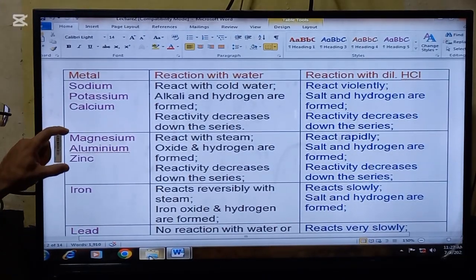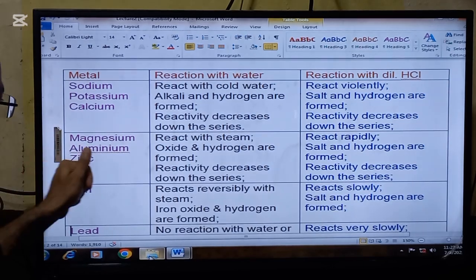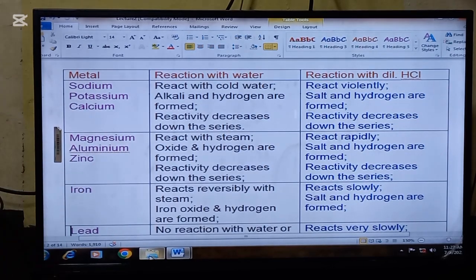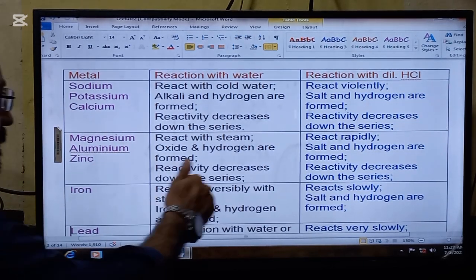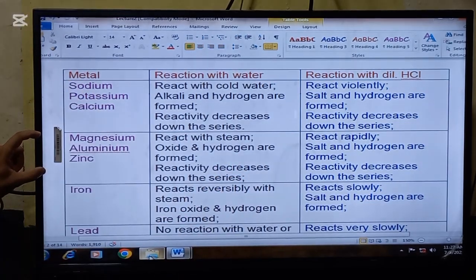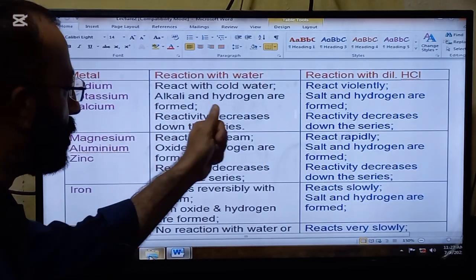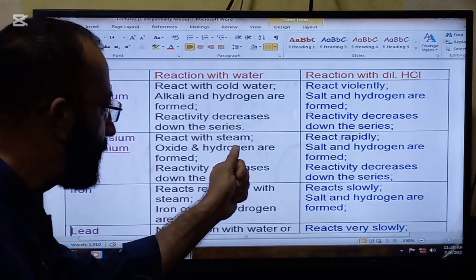Okay, the next three metals after these three metals are magnesium, aluminium and zinc. They react with steam because they are less reactive than these three metals. So that's why they are not able to react with cold water. They react with steam.